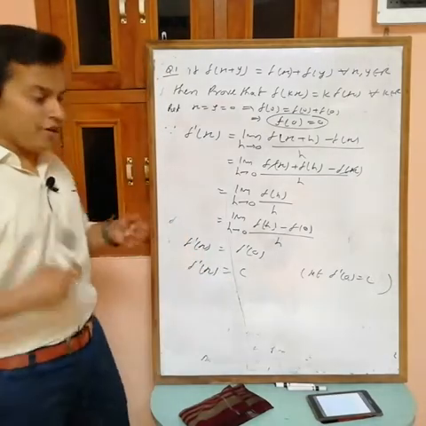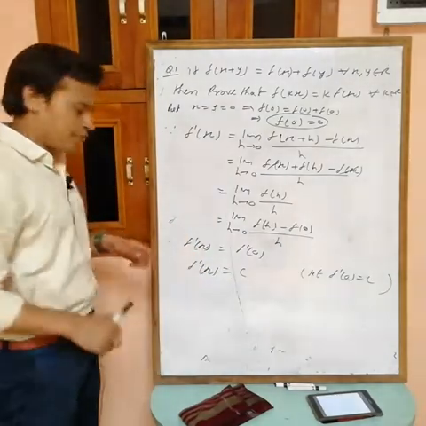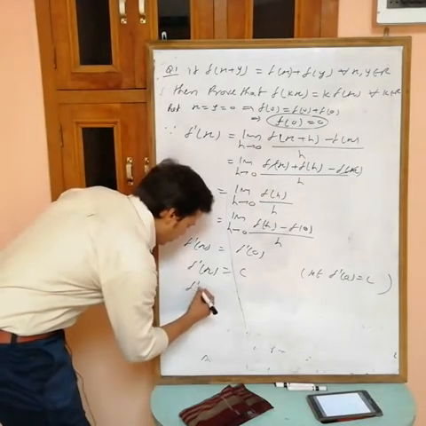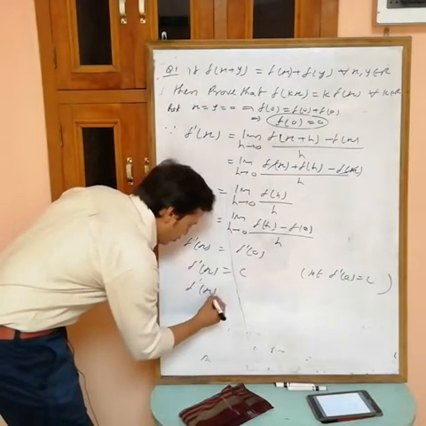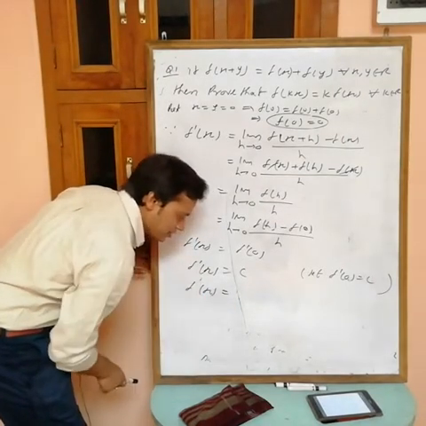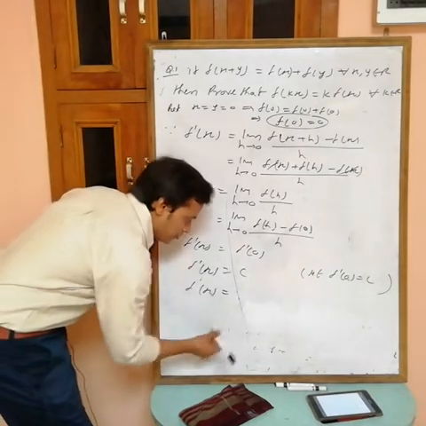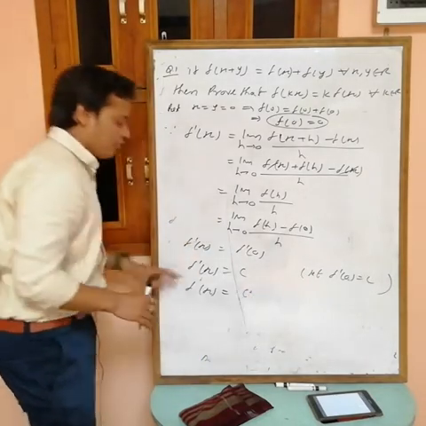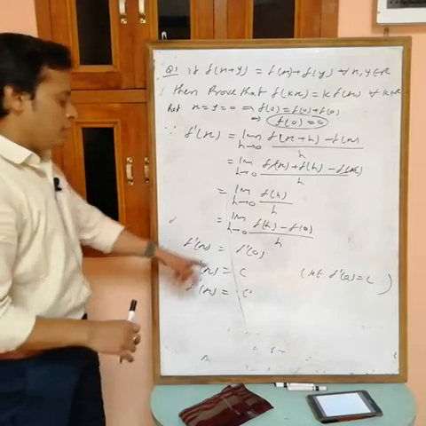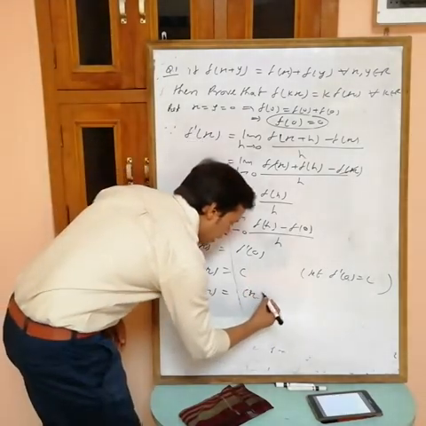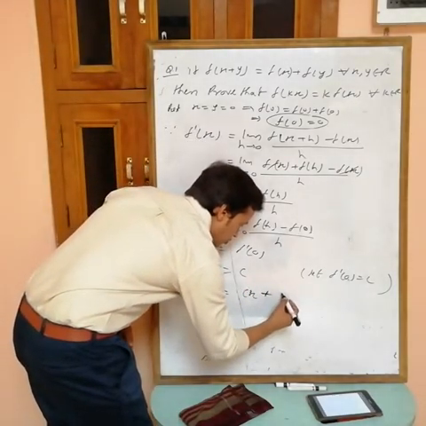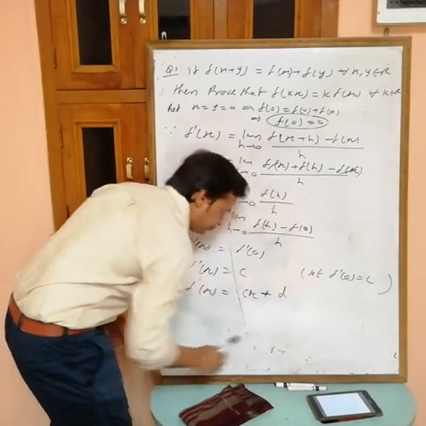Now what do we want? We want f(x). So we integrate. If you integrate, then what are we getting? Integration of f'(x) is f(x). Integration of c is cx, plus any constant, suppose d.